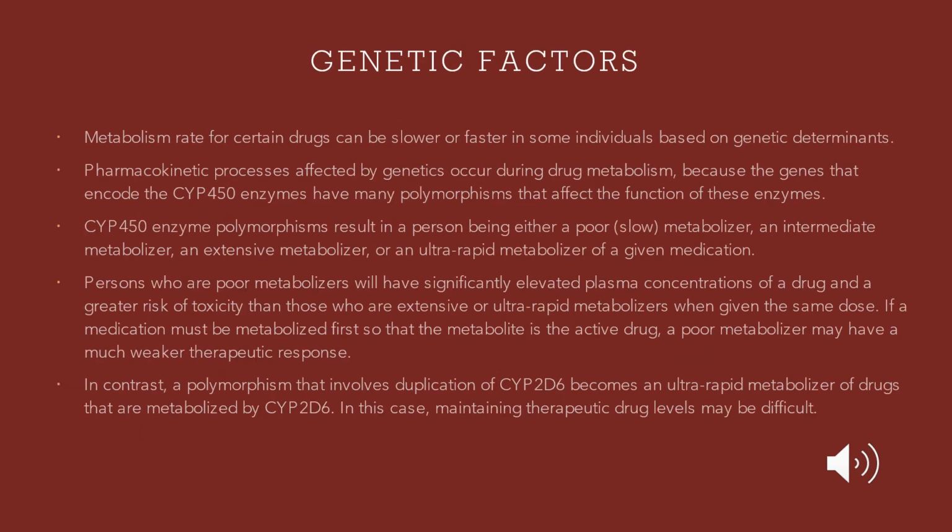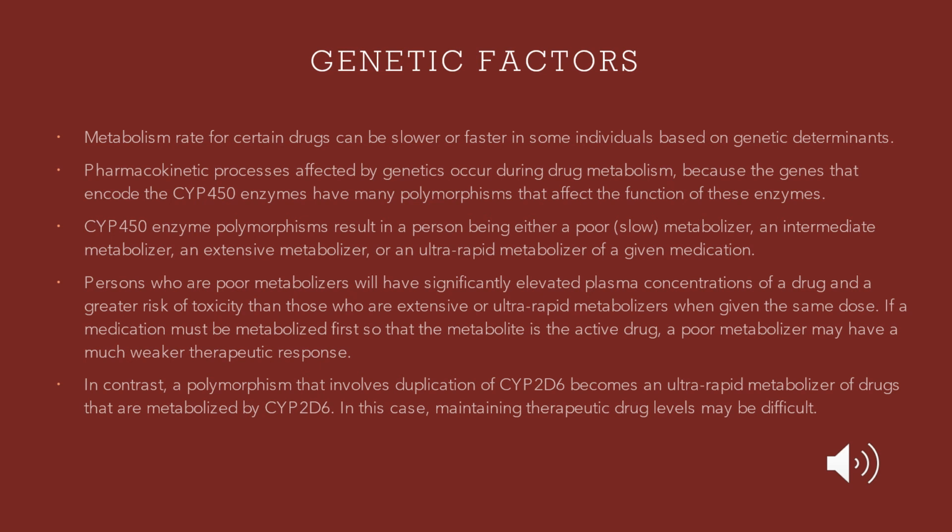Genetic factors: essentially, the metabolism rate for certain drugs can be slower or faster in some individuals based on genetic determinants. The primary pharmacokinetic processes affected by genetics occur during drug metabolism because the genes that encode for the cytochrome P450 enzymes have many polymorphisms that affect the function of these enzymes.